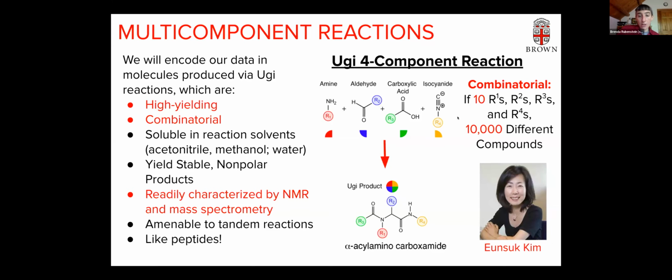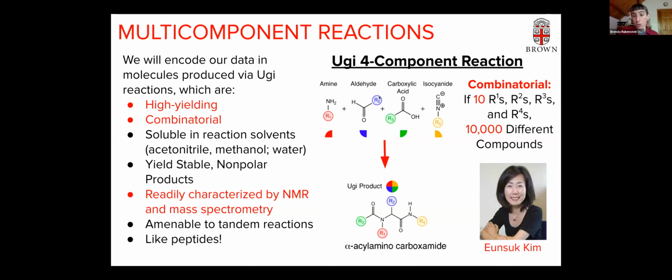The idea behind using these is that you can imagine each component has an R group that you can change. You can have different flavors of the R group. So if we have 4 components, I can imagine having 10 different R1 groups on the first component, 10 different R2 groups, and 10 different R3 groups, and so forth.